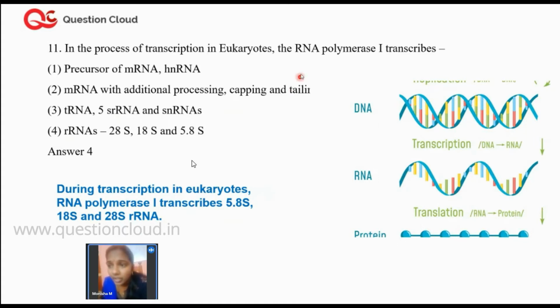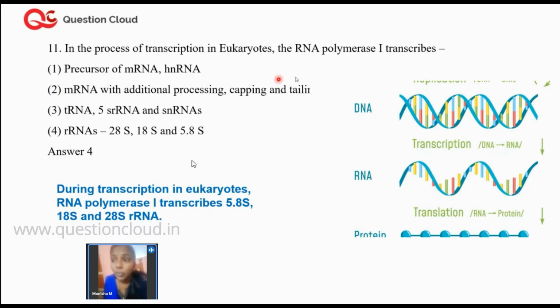If you look at the question carefully, they are asking about RNA polymerase 1. The function of RNA polymerase 1 is to produce rRNA molecules. rRNA means ribosomal RNA. So if you see polymerase 1 in the question, the answer is rRNA. If you see polymerase 2, the answer is going to be tRNA. tRNA means transfer RNA.